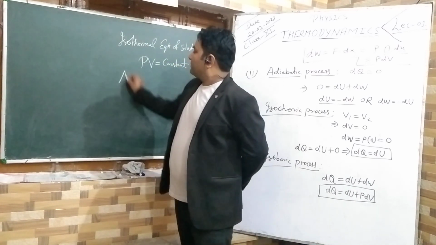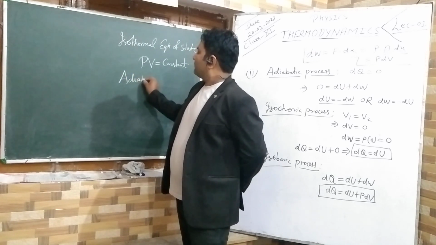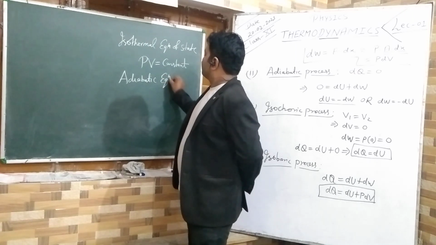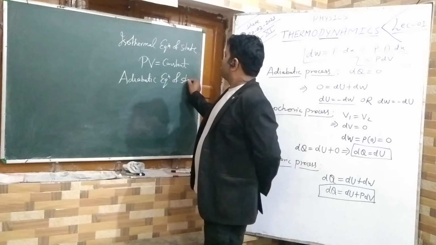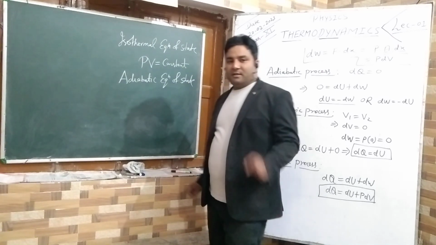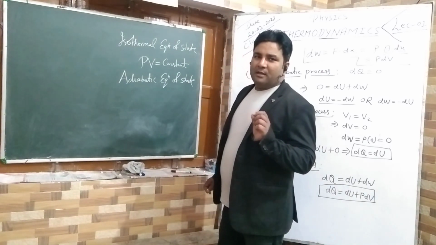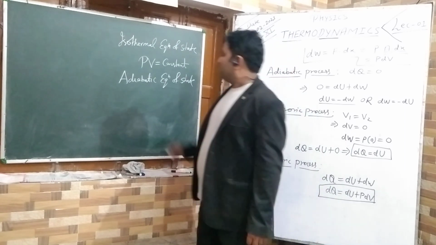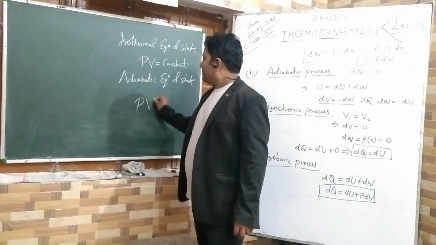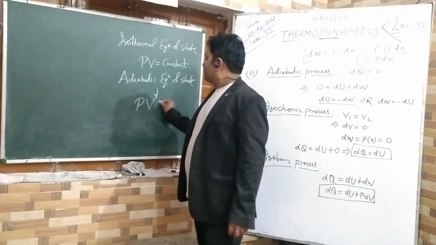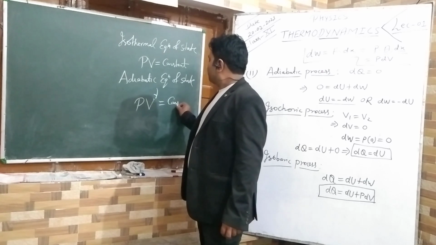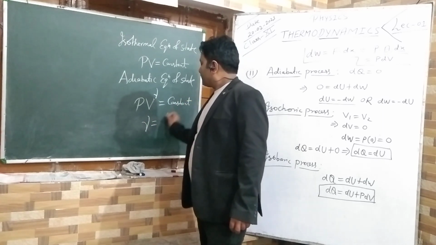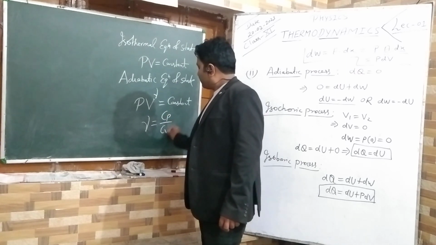And the adiabatic equation of state. A simple molar specific heat ratio will be included, that is PV to the power gamma equal to constant, where gamma equal to Cp upon Cv.